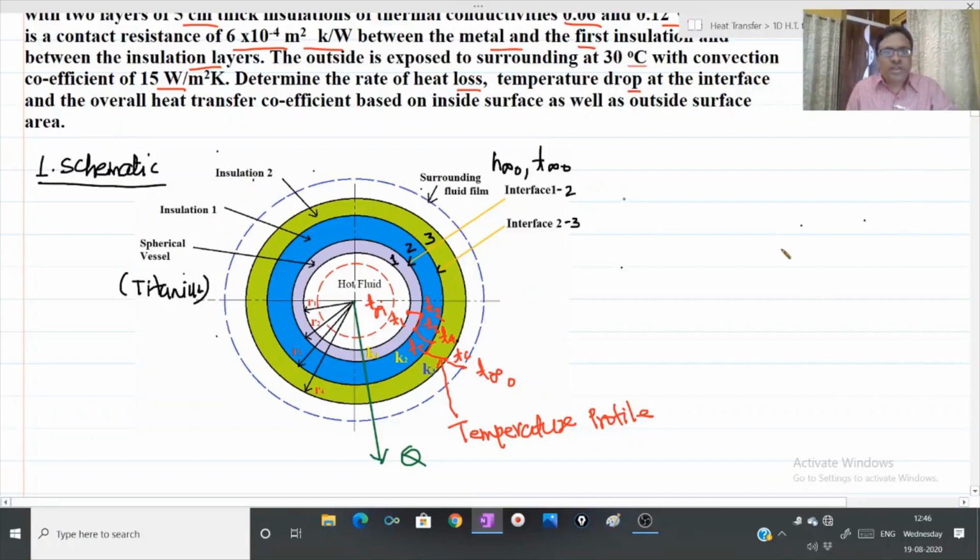Since T infinity I is greater than T infinity O, heat transfer or heat loss will take place from inside of the sphere to the outside of the sphere, let's say at the rate of Q watt.